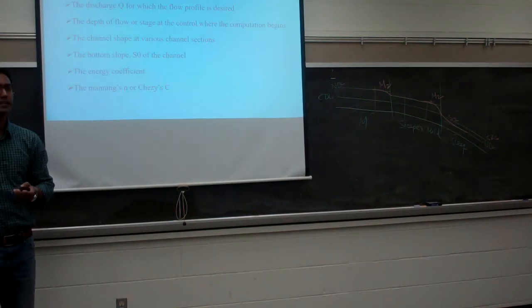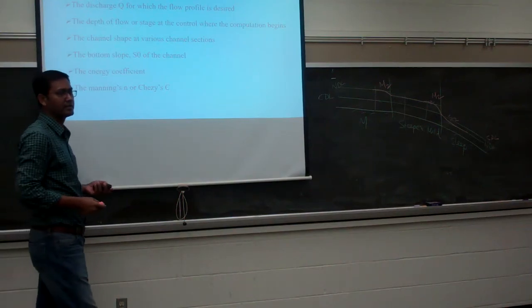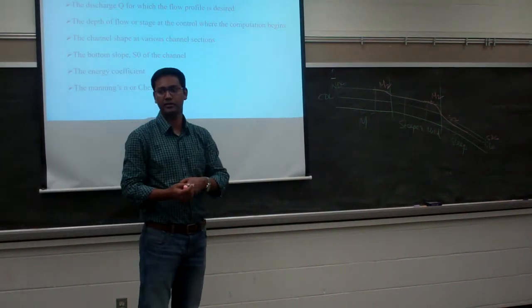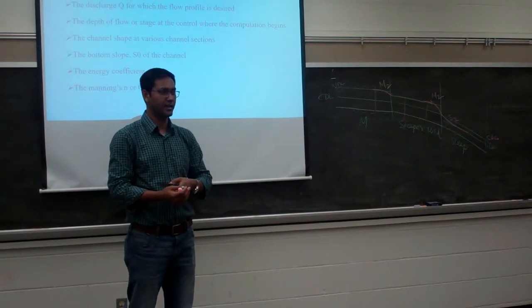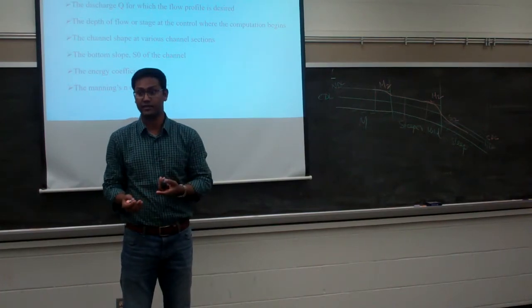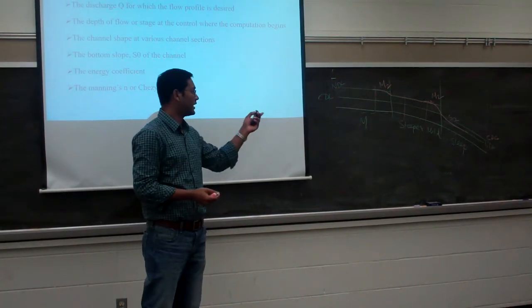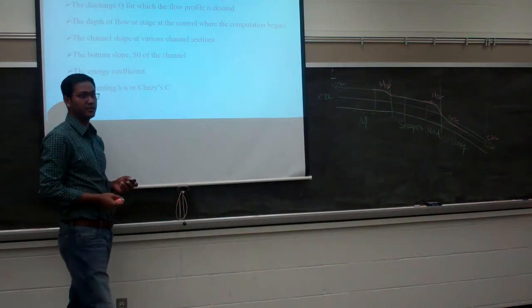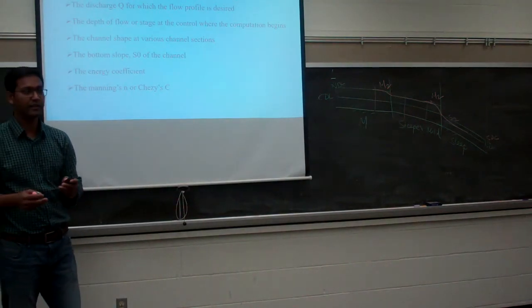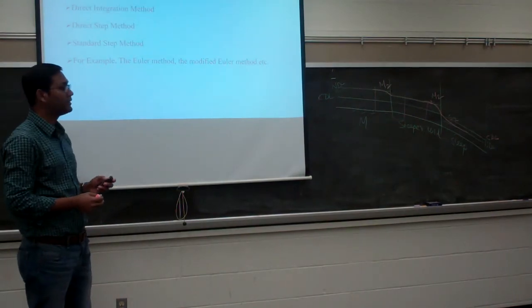For calculating this type of flow profile, you need the discharge, the slope of the channel, the roughness factor, and other information like the energy coefficient. If you have all this information, then you can use these methods.